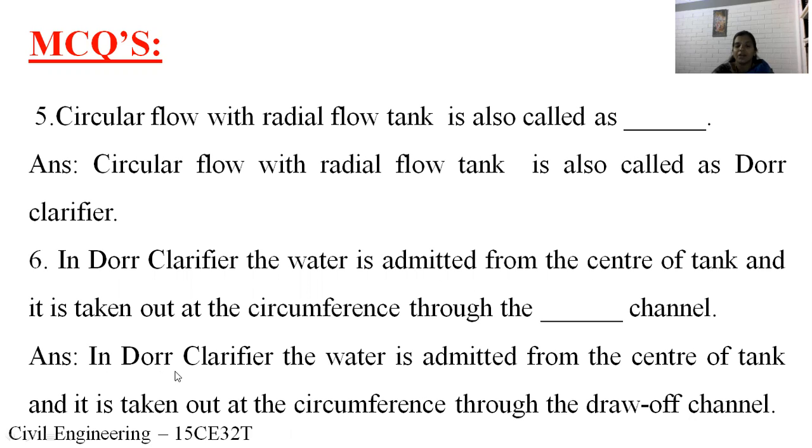Answer, in Dorr clarifier, the water is admitted from the center of the tank and then it is taken out at the circumference through the draw-off channel. Through the draw-off channel, the clear water will be taken out.